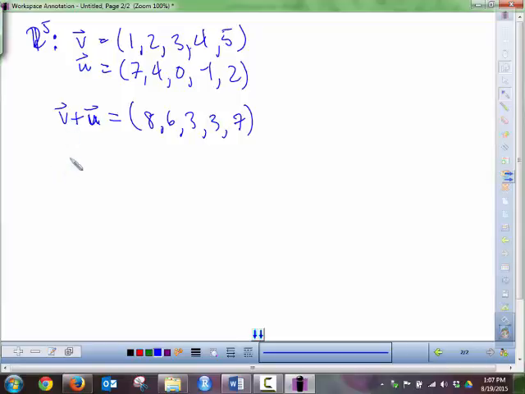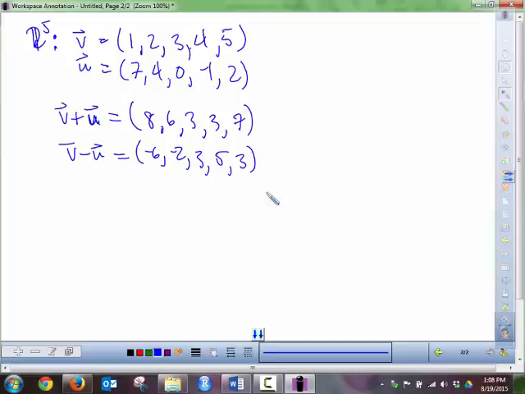You can subtract. So V minus U, 1 minus 7 is -6. This is -2. This is 3. This is +5. And this is 3. So you can also subtract. You can also scalar multiply.